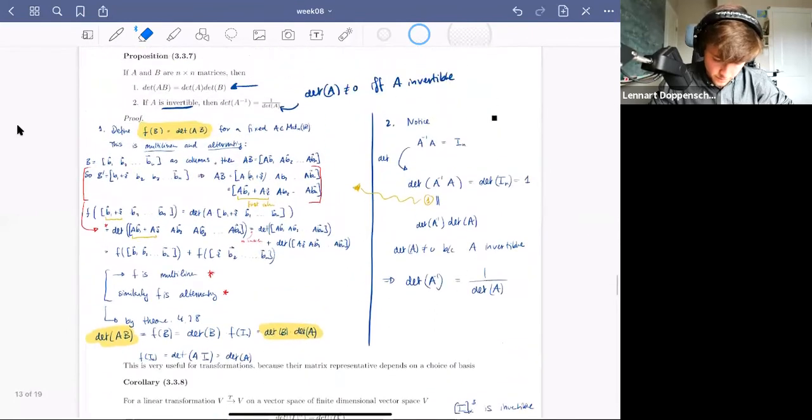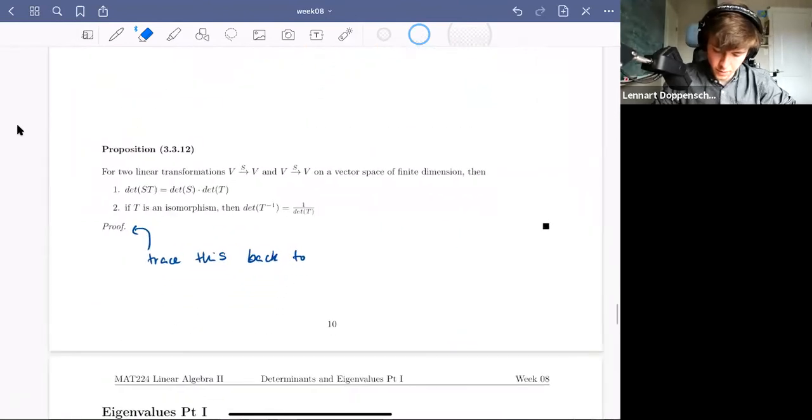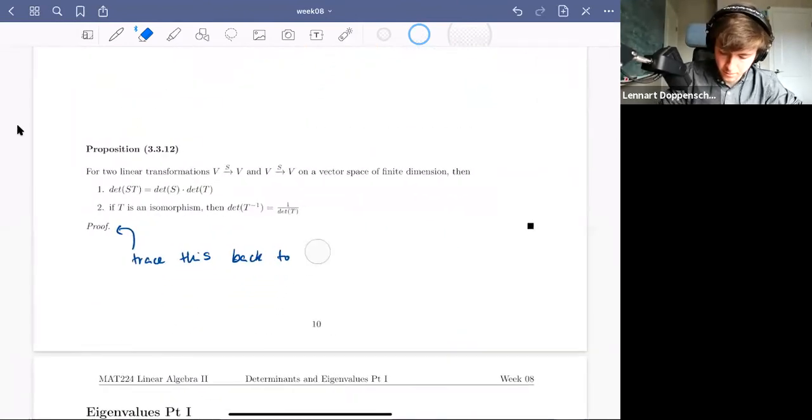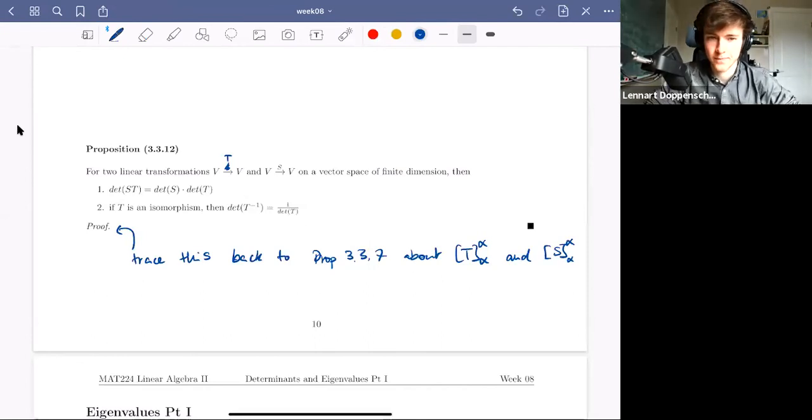It was 337. So we just looked into this in very detail. So then we can just trace this back to 337 about the matrices. This should not be S, one of them should be T. So this is just a matter of bookkeeping and going back and forth.